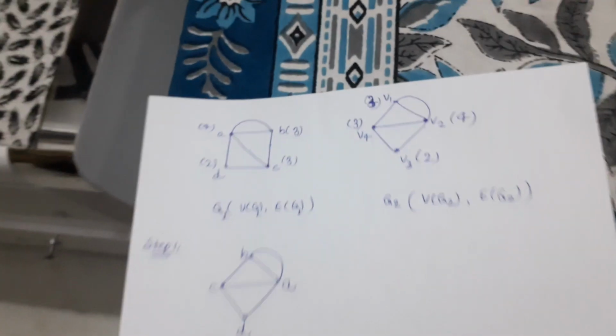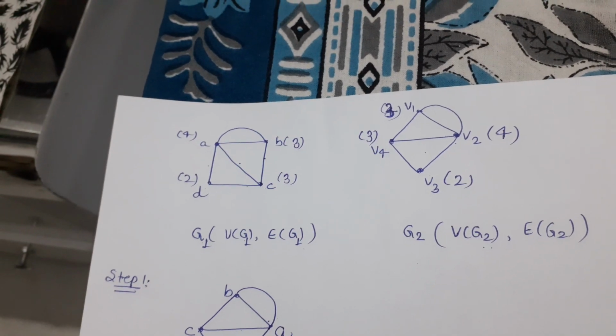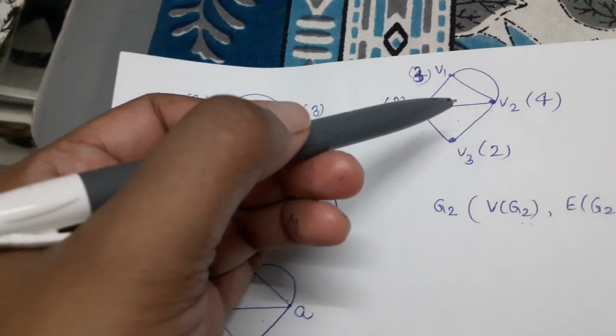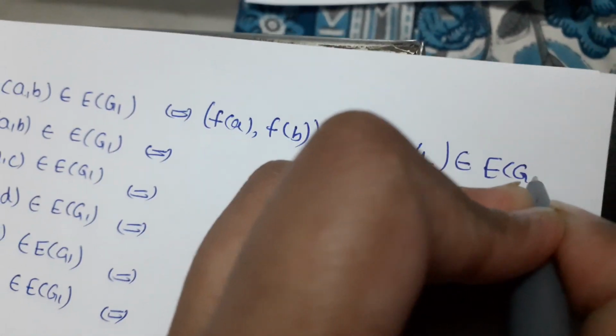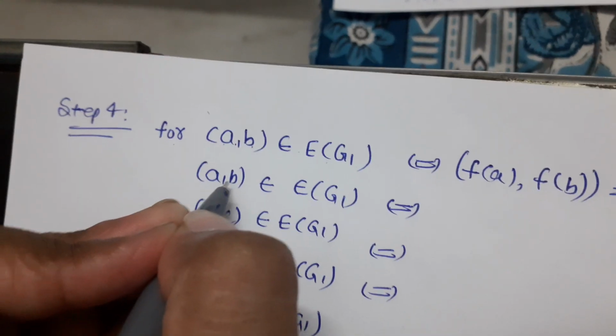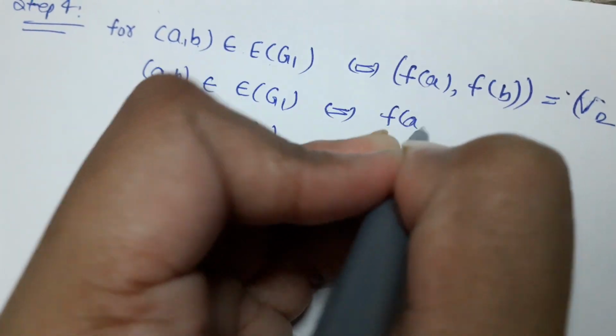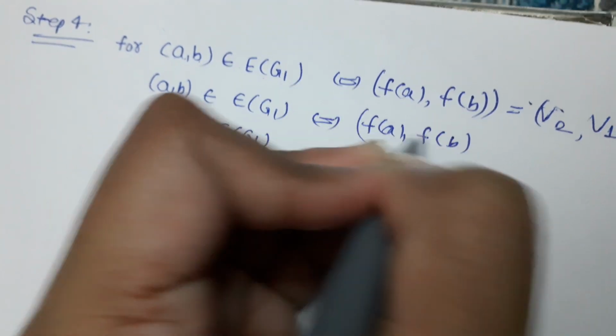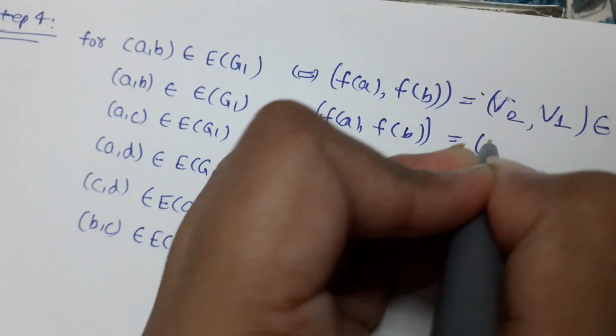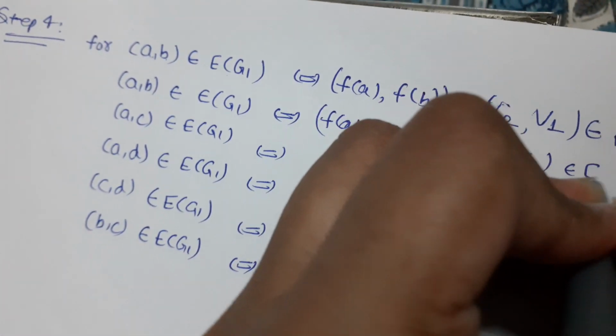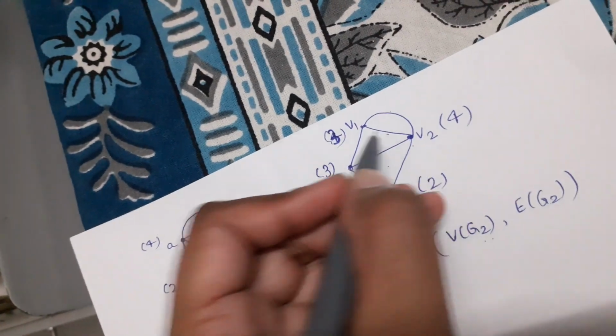So let's check here. Yes, v2, v1 is an edge in graph 2. So yes, it belongs to G2. Similarly for again f(A), f(B), these are the parallel edges. So it belongs to graph 2 for these two parallel edges, this and this.